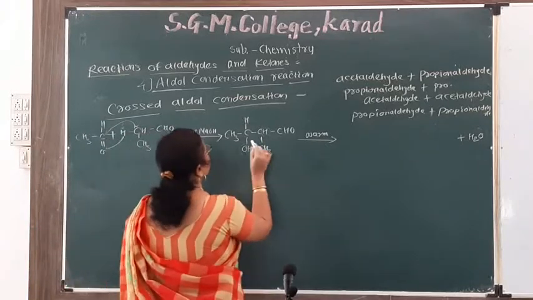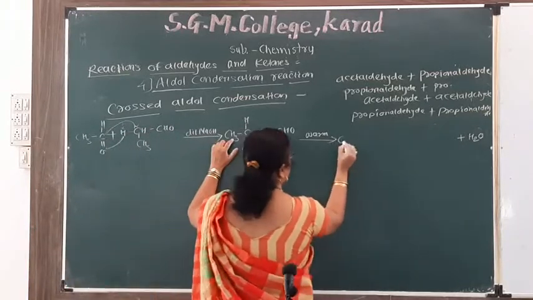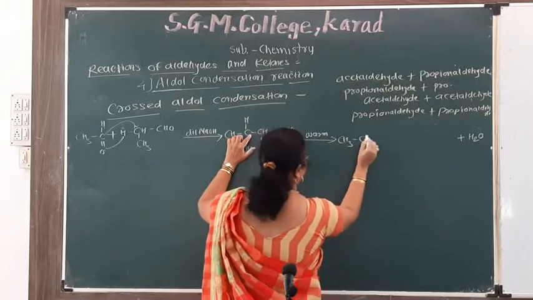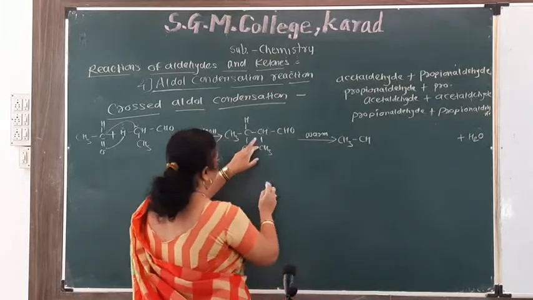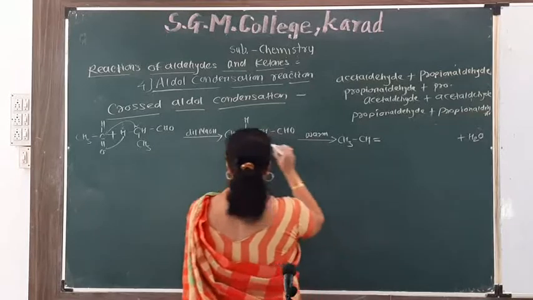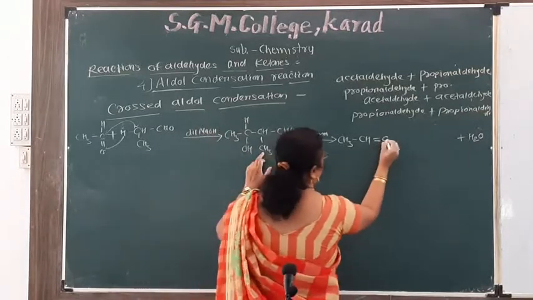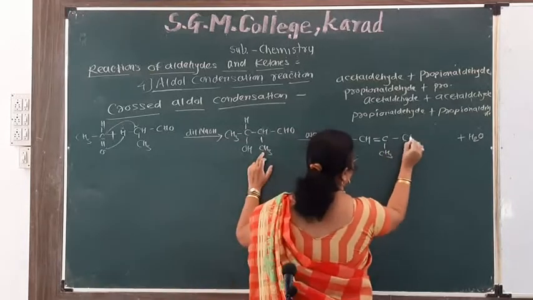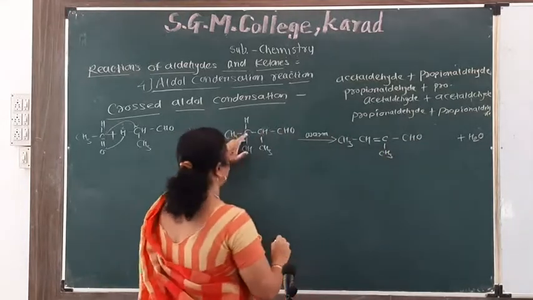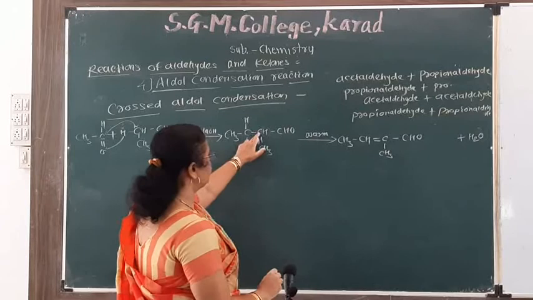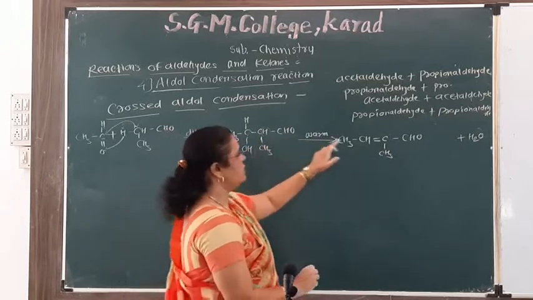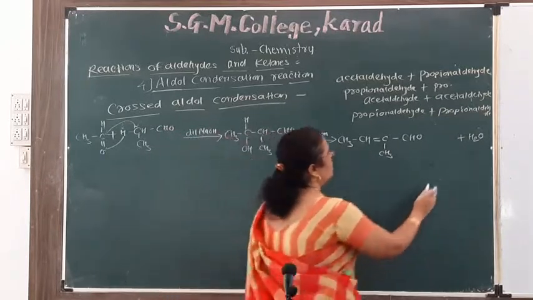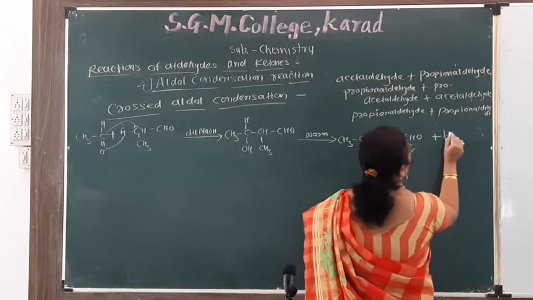Then this gives CH3CH=C(CH3)CHO plus H2O.